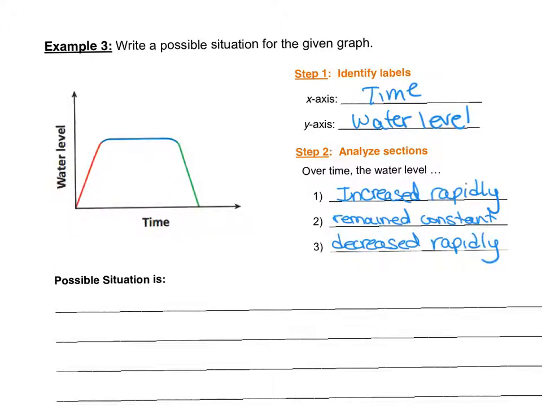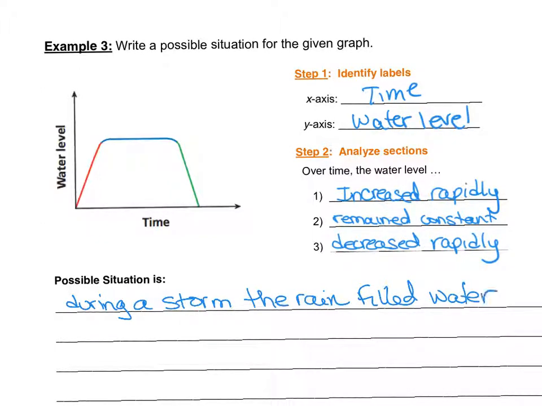It's not really looking too much into it. Now, possible situation, that's going to be really up to you. Like I said, it could be maybe during the rain, during a storm, the rain filled the water level. And you can come up with any situation that would make this true.